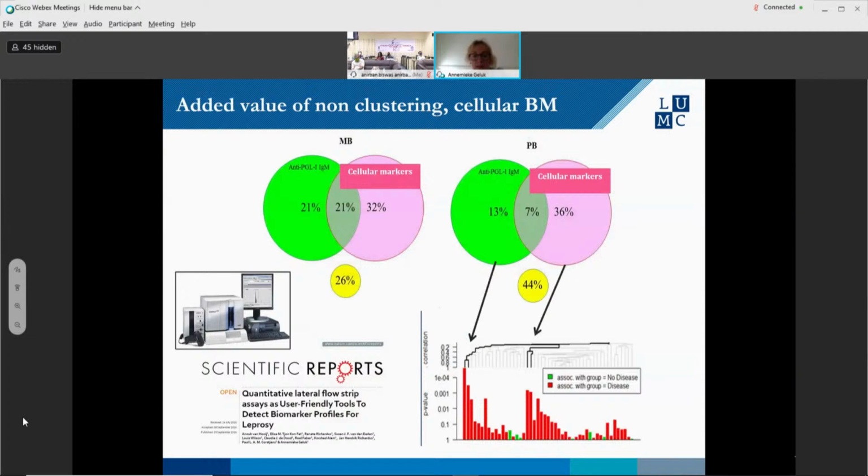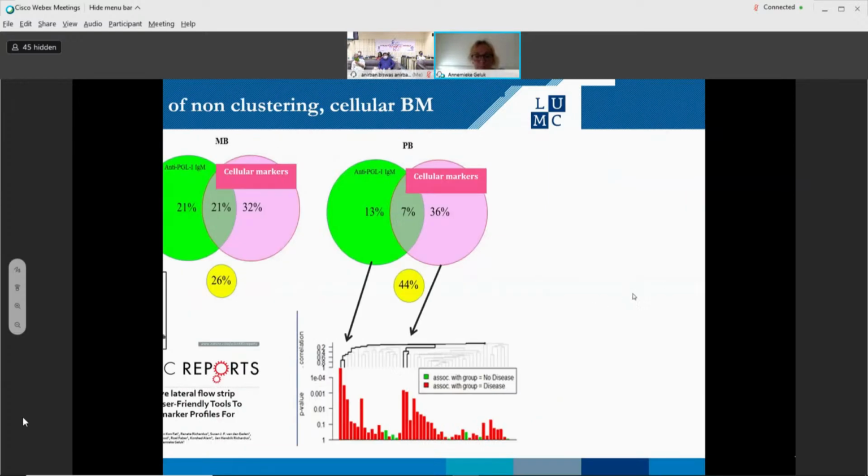So what we then did is we looked at what would be the added value of having an antibody biomarker and then using the cellular biomarker. And what you can see in this is that the percentage of identified patients is about 32 to 36% higher if you use cellular biomarkers in addition to the anti-PGL1.